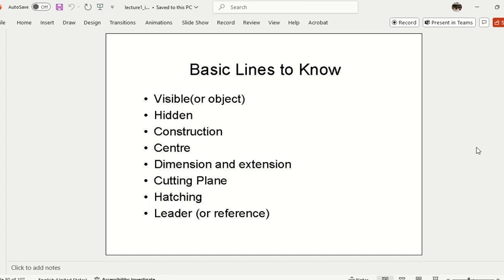And the dimension line will show the alignment. Now for example, here my line and my dimension line are both horizontal, right? I can show the dimension like this.